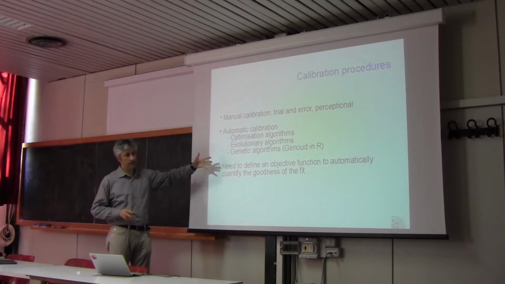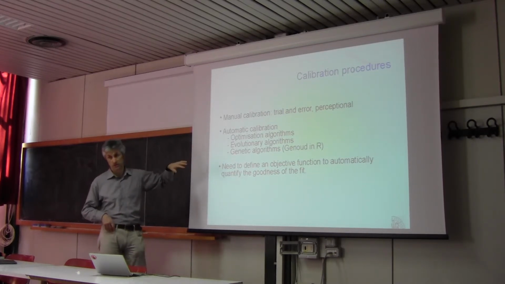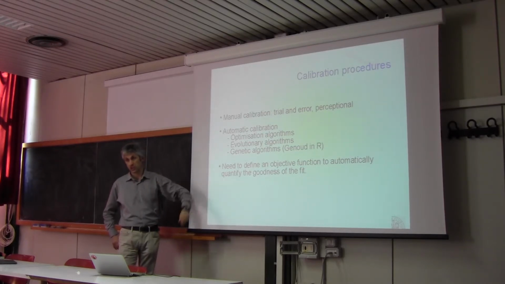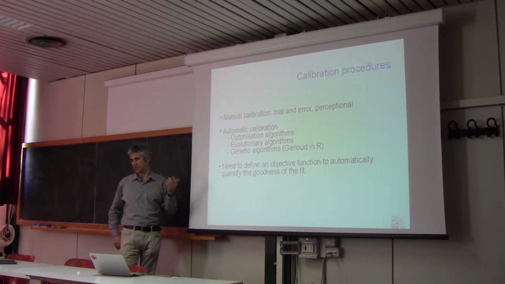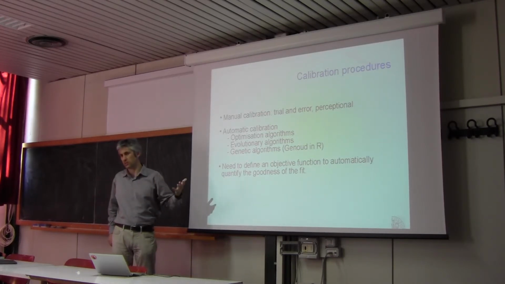We have many algorithms. We don't go into the details. Even if you look in R, there are many possible algorithms that can be used. They usually have advantages and limitations. And we don't need to go into the details, because usually today these algorithms are well performing.